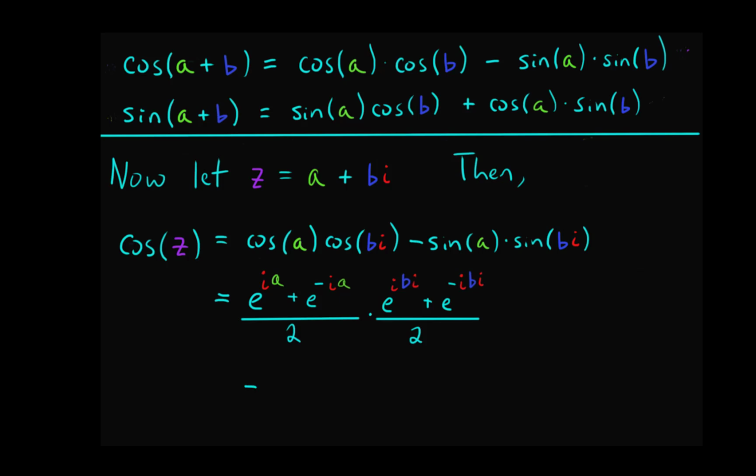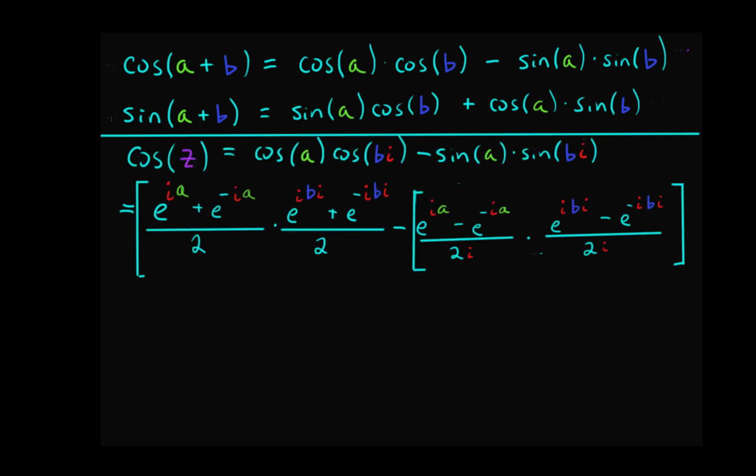And I'm subtracting from this sine of a times sine of bi, so sine of a would be e to the i times a, let me put a bracket around this, minus e to the negative i times a, all over 2i, times, okay, sine of bi is e to the i bi minus e to the negative i bi, all over 2i, close the bracket.